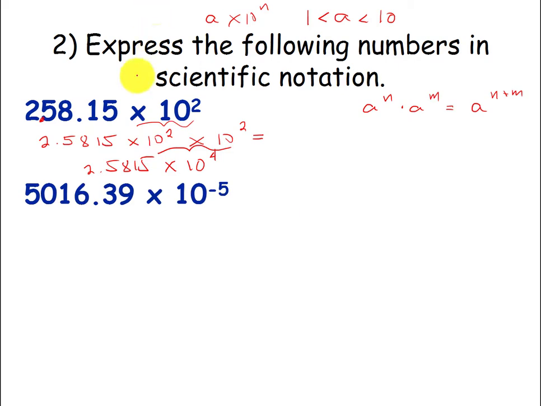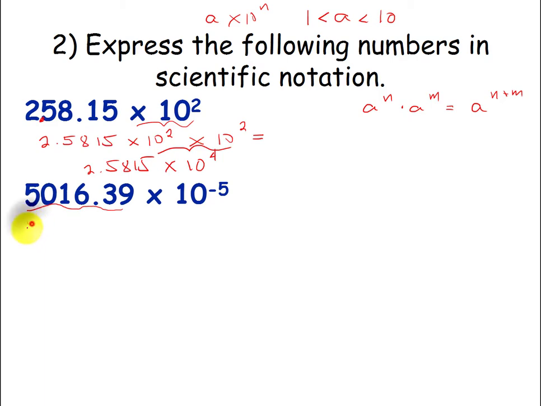Alright, next example. I have here 5016.39 times 10 raised to negative 5. First, let's rewrite this in scientific notation. We need to move our point all the way between 5 and 0.